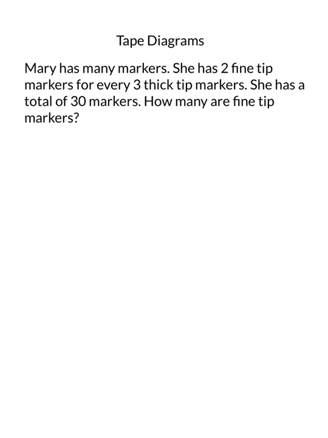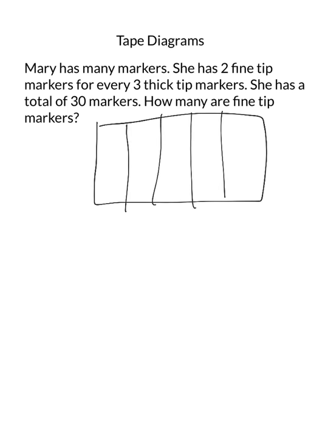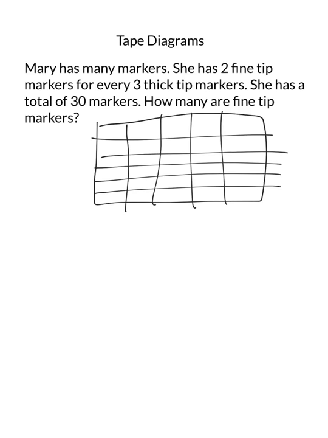So one way I could solve this would be to draw this as a picture. I could draw a rectangle to help me represent this picture here. And then I would say, so 2 fine tip markers for every 3 thick tip markers. So 2 fine, 3 thick, 2 fine, 3 thick, and I keep going on just like this.